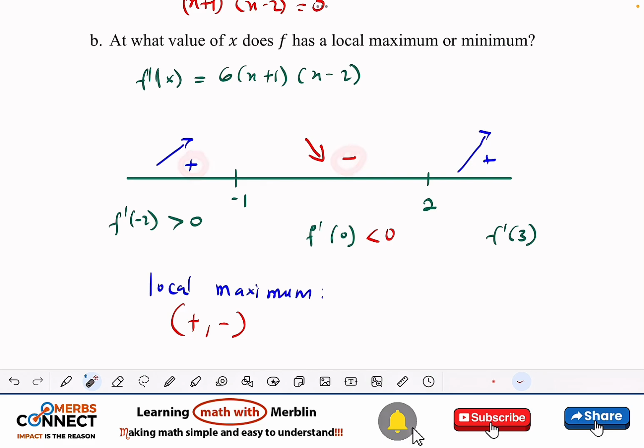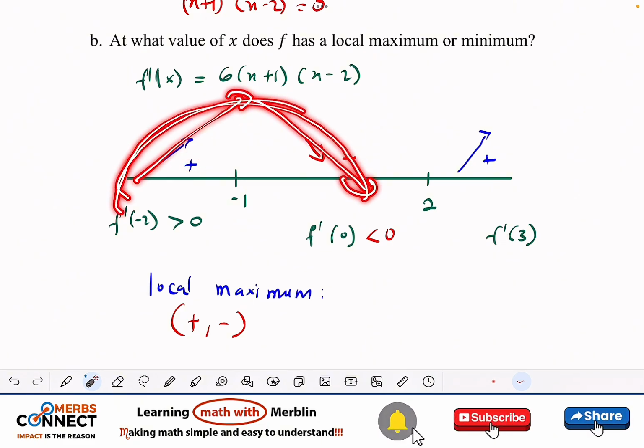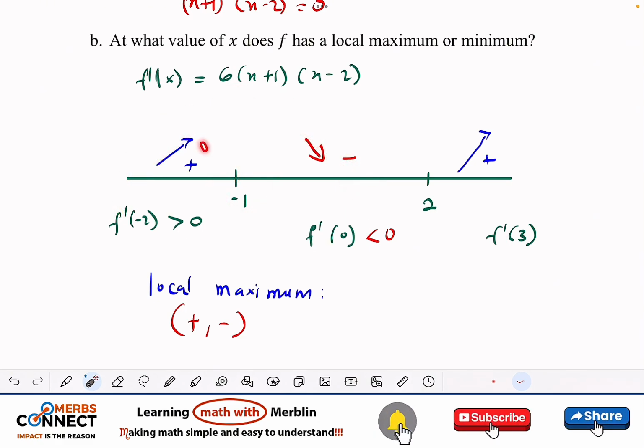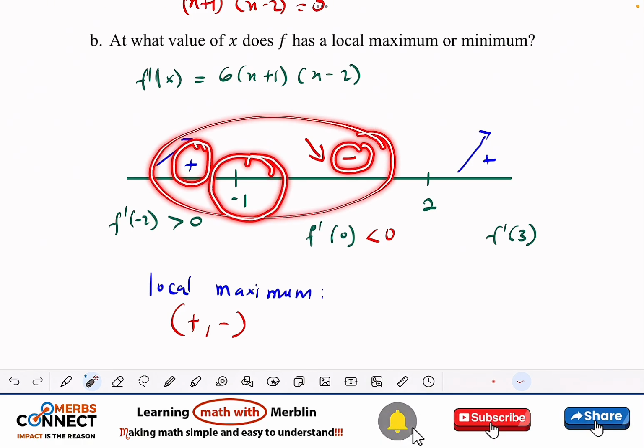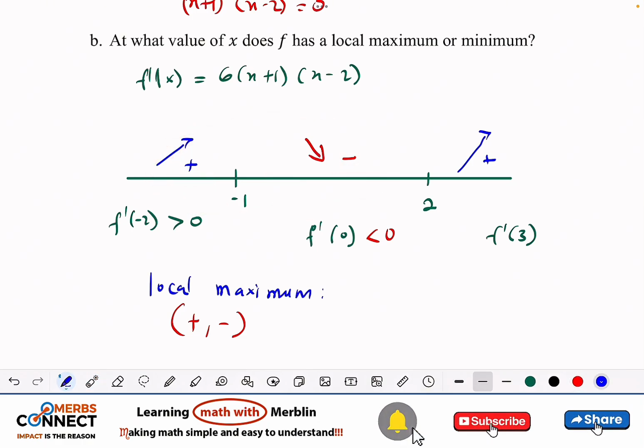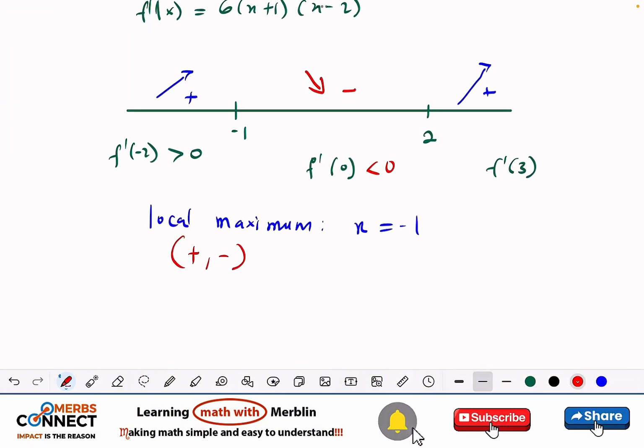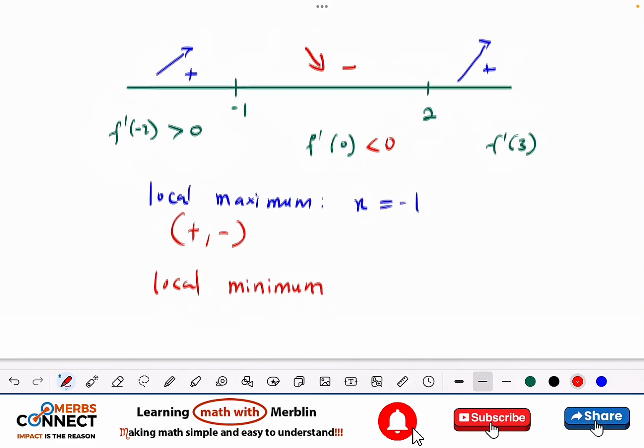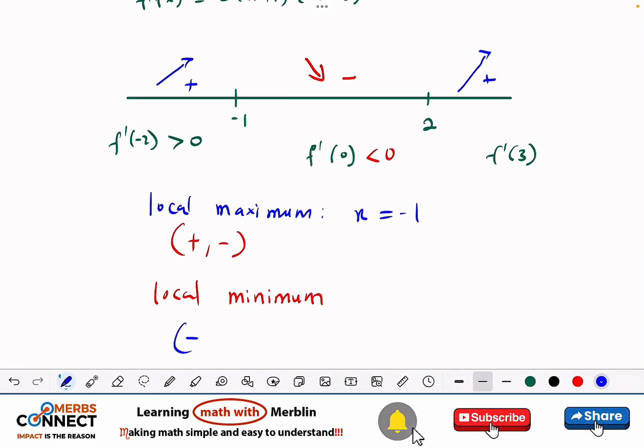So it's kind of increasing and decreasing, and this is going to give us maximum. It's going to have a maximum at what? -1. So in between the positive and negative, the critical value which is in between them becomes the local maximum. So the local maximum happens at x equals -1. And then, of course, local minimum goes like this when you have negative and positive.